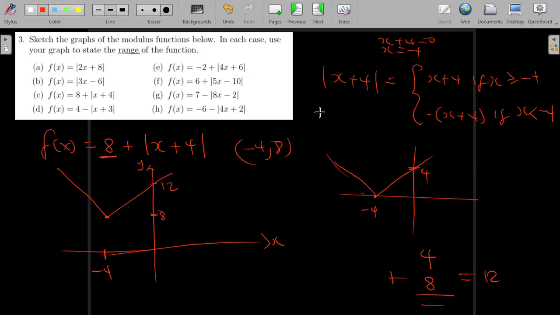If we were to sketch just the graph f of x equal to modulus of x plus 4, there's no vertical shift, so its starting point is on the x-axis, where y is equal to 0. That's why the starting point is there. Then you go like that in your sketch.